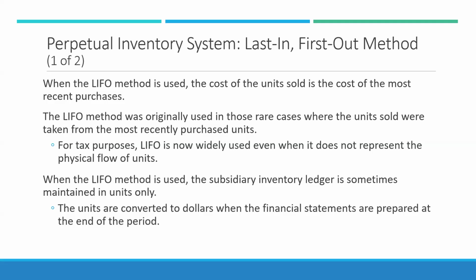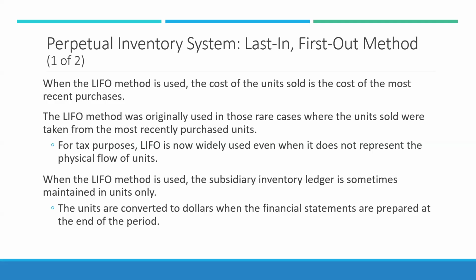Maybe most of the ending inventory balance is in some warehouse way far away as a reserve, and all the recent shipments just go directly to the store, right? And all the ending inventory is actually in some warehouse far away, and was purchased years ago. That would be a rare case, but it could happen, and that would accurately reflect the actual flow of the inventory.